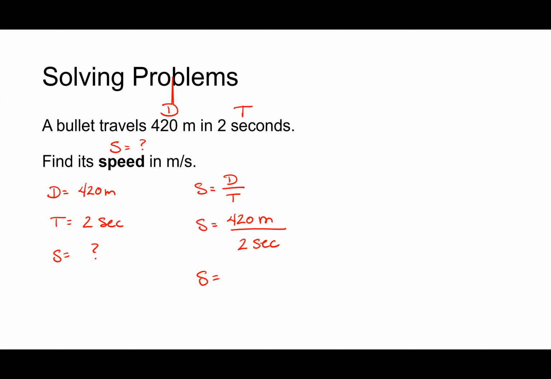What is the speed? Liam? Yeah, 210 meters per second. Do you see how your labels are already in there once you set up and kept your labels with your variables? Your speed label is already there and all you have to do is copy it.